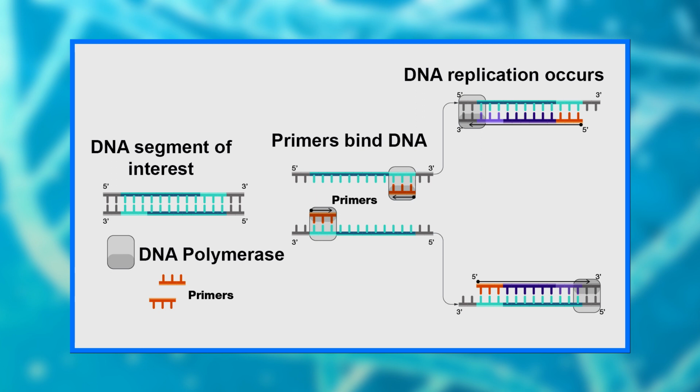Heat-resistant Taq polymerase is especially common as it is more likely to remain intact during the high-temperature DNA denaturation process. Two DNA primers that are complementary to the 3' ends of each of the sense and antisense strands of the DNA target, since DNA polymerase can only bind to and elongate from a double-stranded region of DNA.